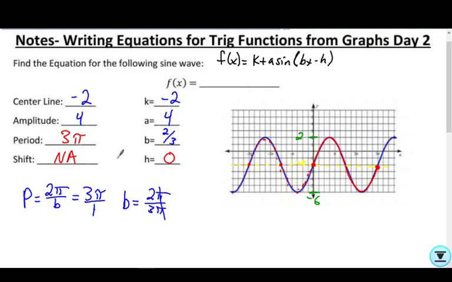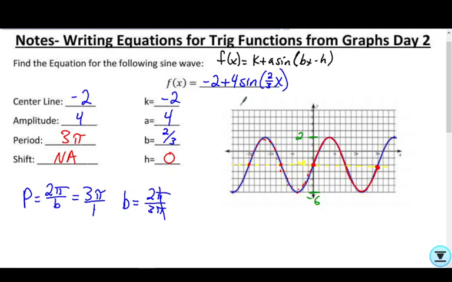So I have everything I need now. So I know what k is, so I'm going to plug k, a, and b in. So k is -2 plus 4 sine of 2 over 3x, and that is my equation.